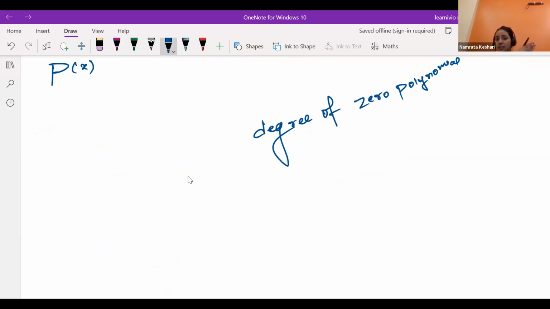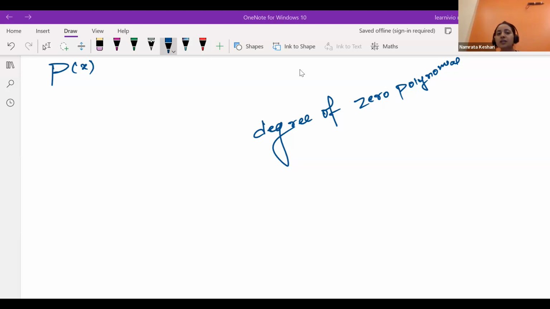If we are talking about zero polynomial, what is the degree? Ma'am, undefined. Ma'am, zero. One by one. Anam said undefined, and Arhan said zero. Yes, it is zero.